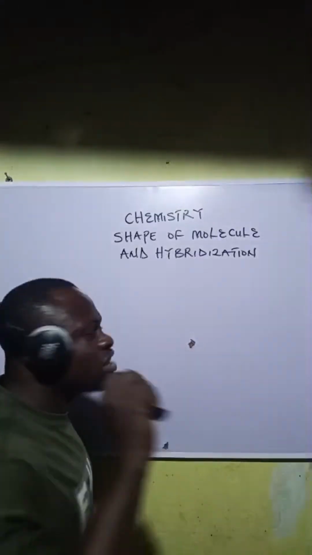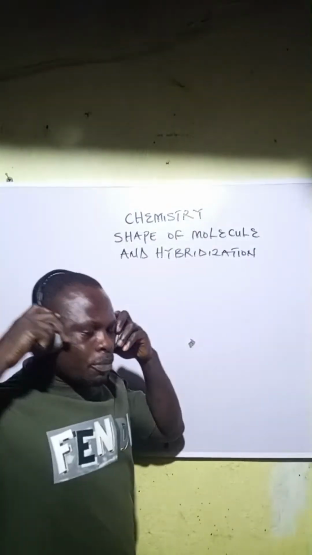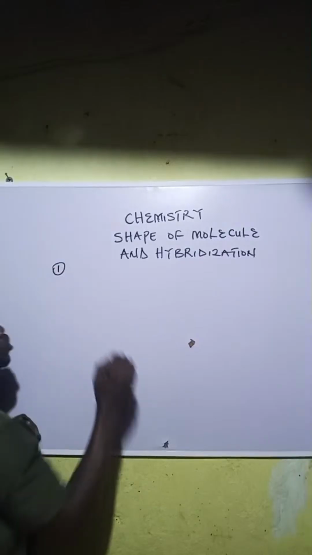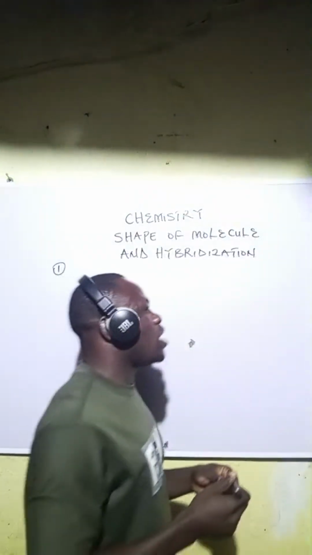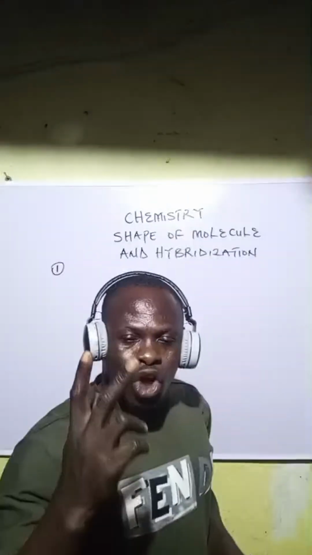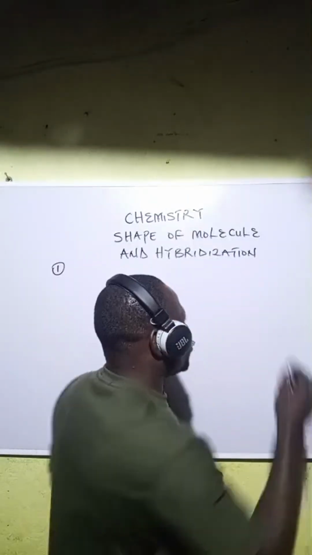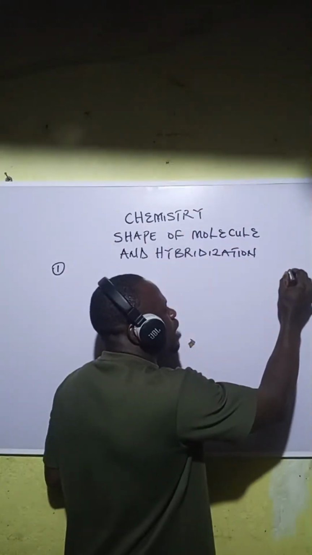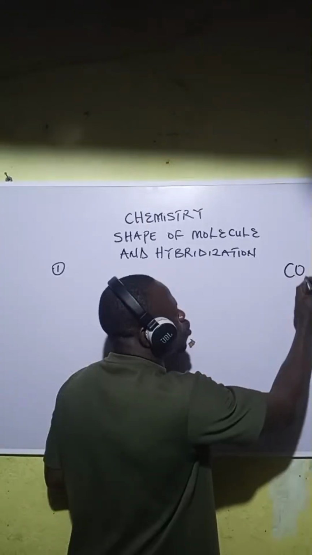Now we have different types of shape of molecule. I'm going to give you according to how the atoms are formed. Remember, if atoms are two, we have, like, let's just say something like CO2.